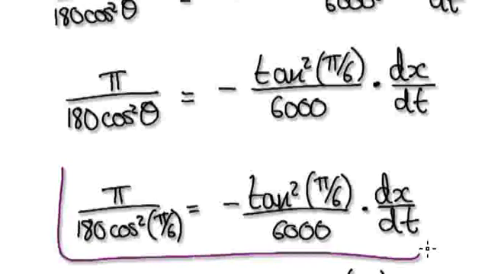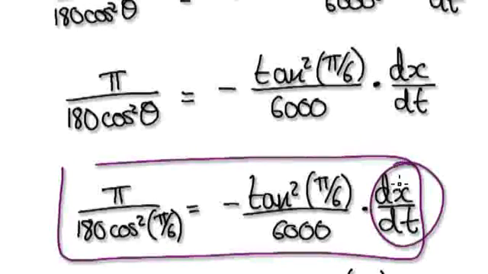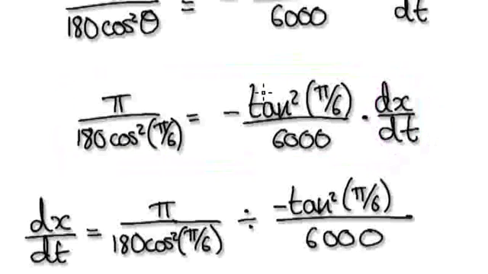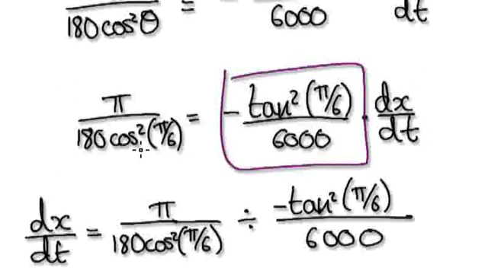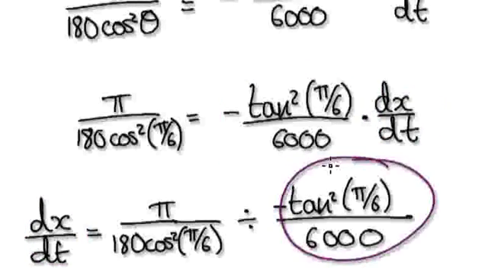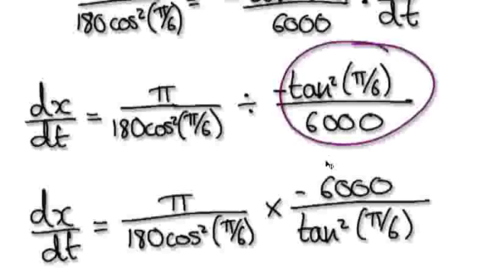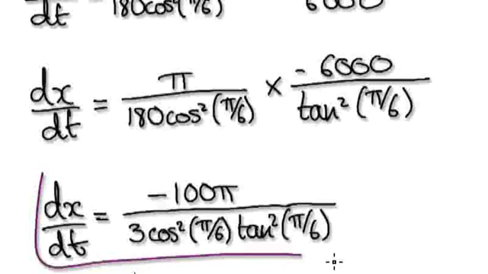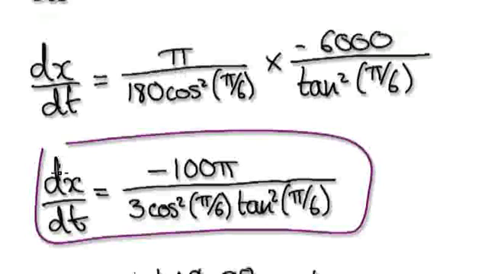Now we want to get this on its own, so divide both sides by this thing here. So dx by dt is given by this. Now multiply by the reciprocal of this, which will give you this, and then tidy up. So dx by dt will be given by that.